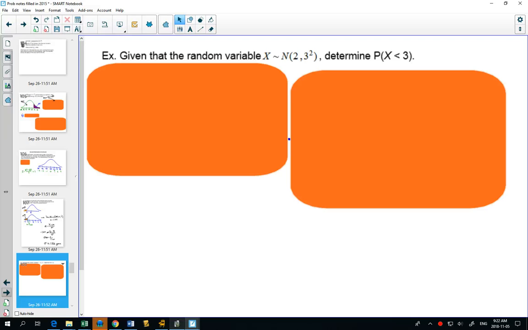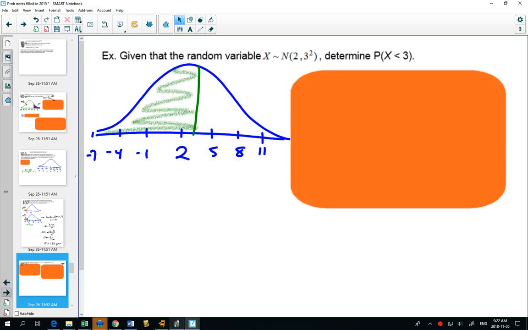So given a random variable is normally distributed with a mean of 2 and a variance of 9, and sometimes they'll write the variance that way, 3 squared. Why? Because then you can really see the standard deviation is 3. Can draw a picture of what's happening.